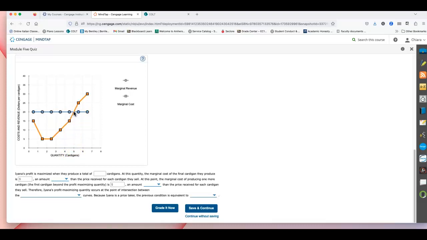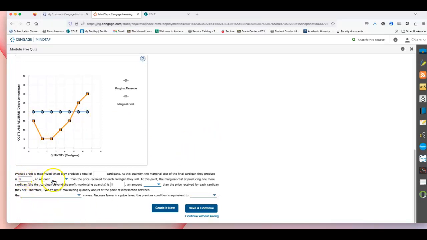Now, what's going to happen, though? If I produce 6, go from 5 to 6, my marginal cost is higher than my marginal revenue, so I'm not going to do that. And if I produce from 3 to 4, I'm still below. I'm going to go from 4 to 5. And my marginal cost is below my marginal revenue, so I'm still good, right? I'm still going to make a profit.